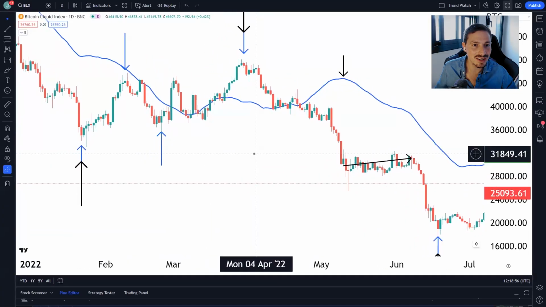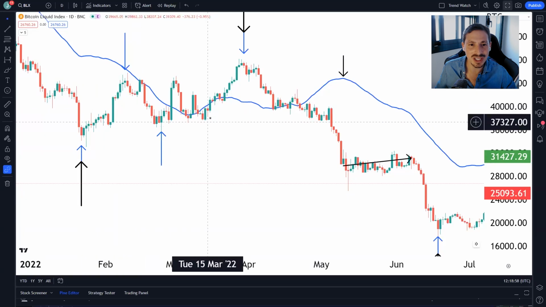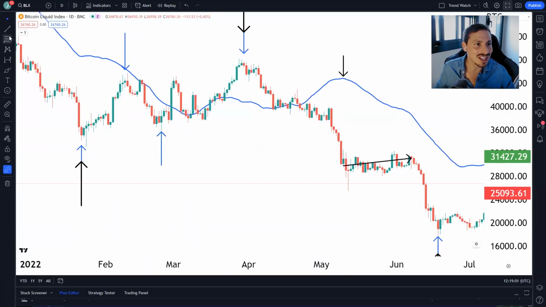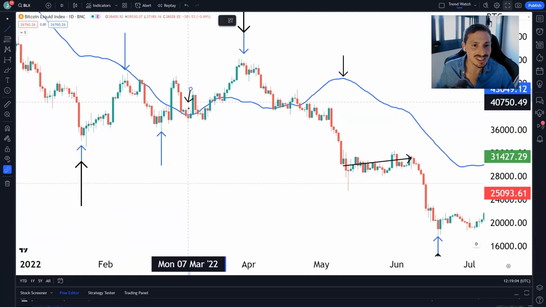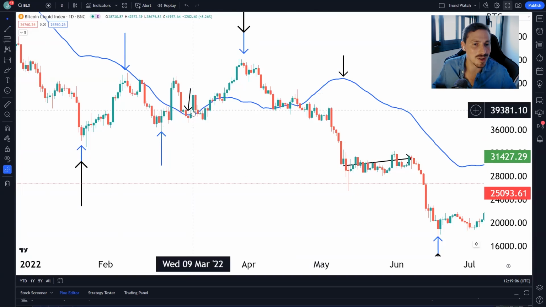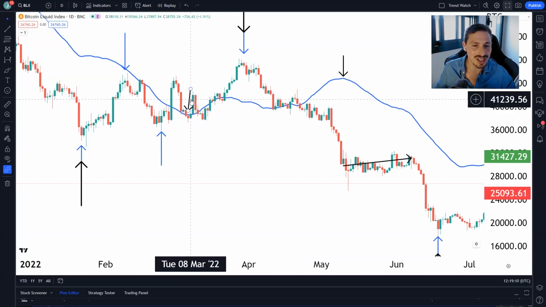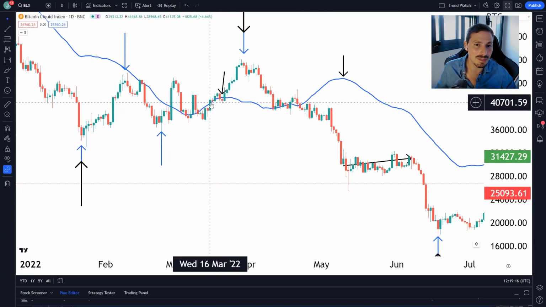Even if I go back here, this is early 2022, you can see that it got messy. The FLD is projecting a low around this time and prices are making a low. And then it projected a low here, prices made a high, so it's projecting a low, but prices were rallying. It got messy. So FLDs are not always useful. You need to look at them in the context of what prices are doing and how they relate to price.